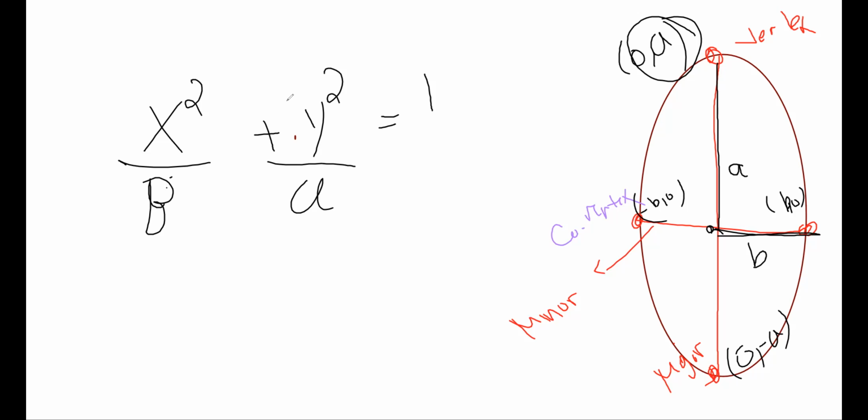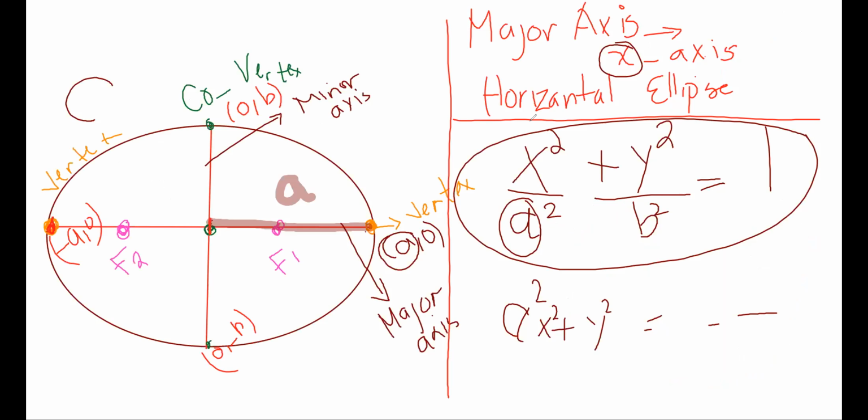Why? Every time you see an equation, search for the value of A. If A is under y, I'm talking about a vertical ellipse, so the major axis will be on the y-axis. If A is under x, I'm talking about a horizontal ellipse.